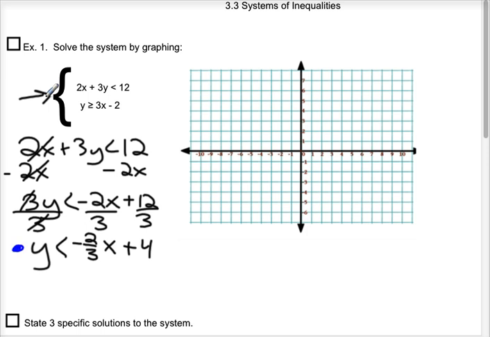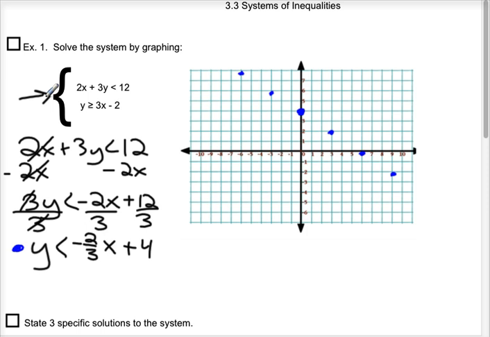So I start up at my y-intercept. So I'm starting up at that 4. Now I'm using my slope of negative 2/3. Down 2 over 3, down 2 over 3. I can even go in the opposite direction. So that's where my line is going to be.